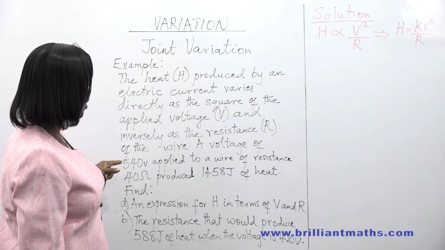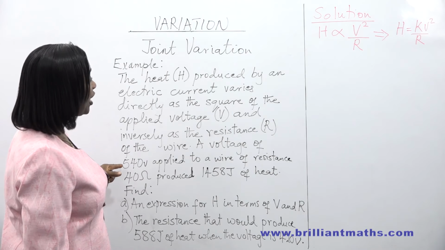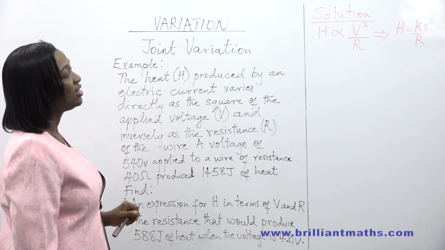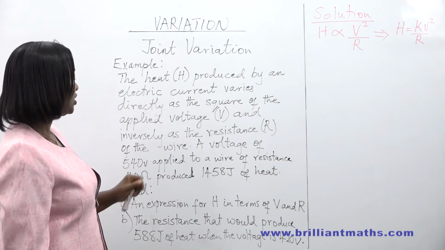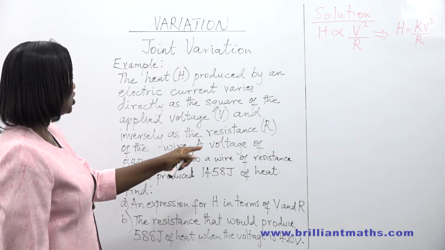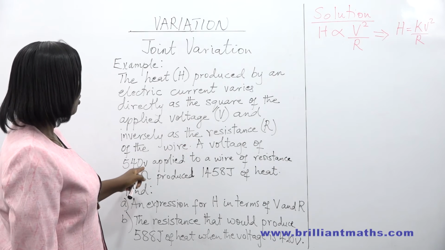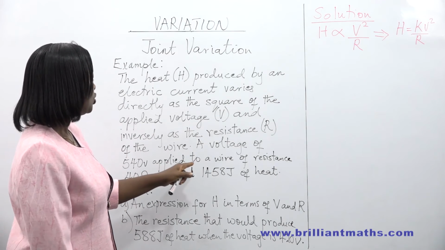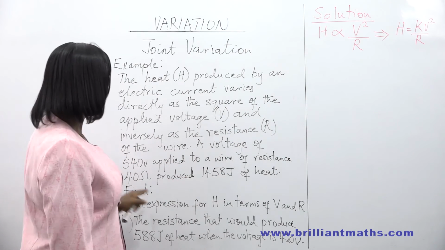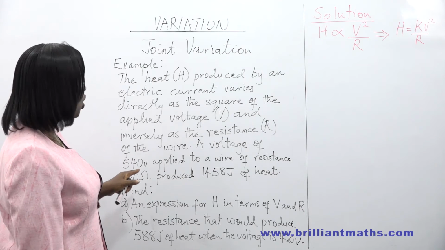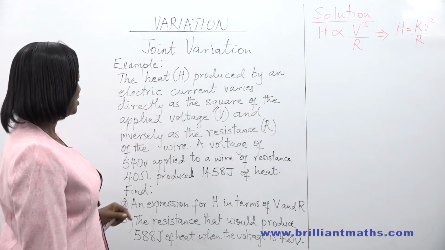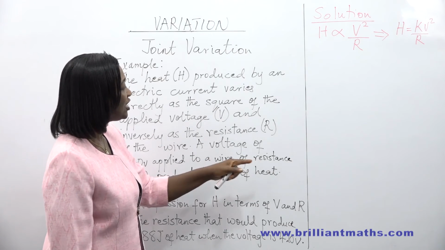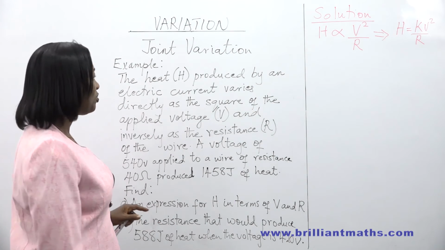We have a value for H, we have a value for V, and we have a value for R, so we can find K. So let's put in those values. A voltage of 540 volts, so that's V, applied to a wire of resistance 40 ohms, that's the resistance, produced 1,458 joules of heat, and that is H. So let's put that into the formula.